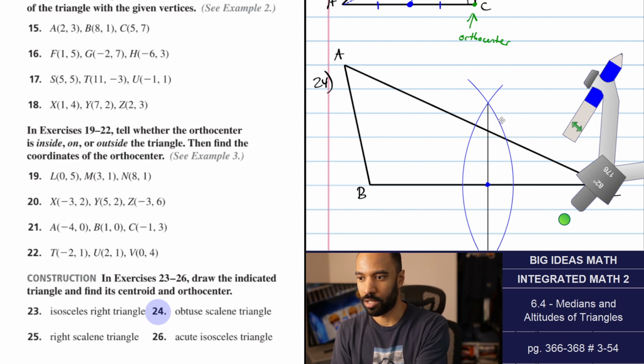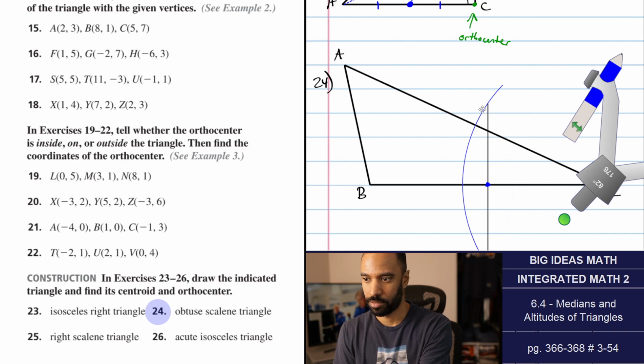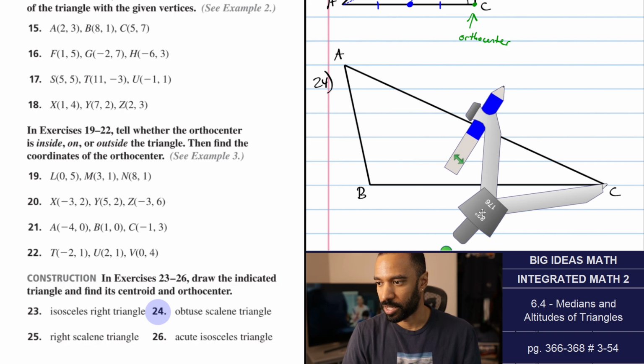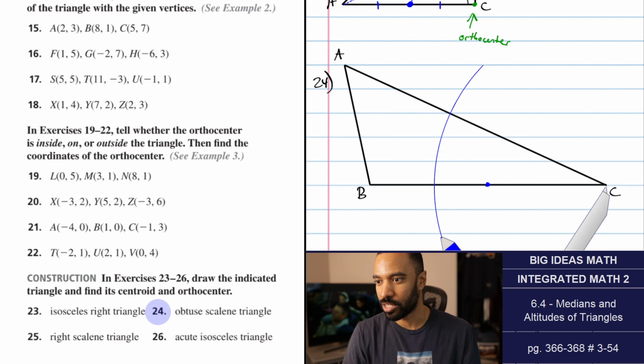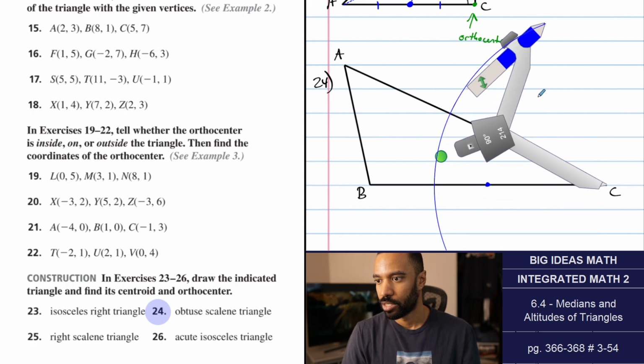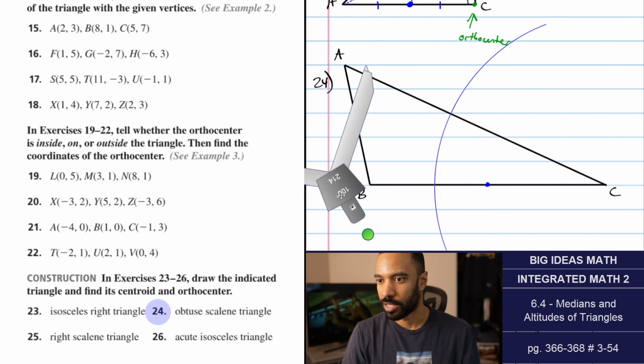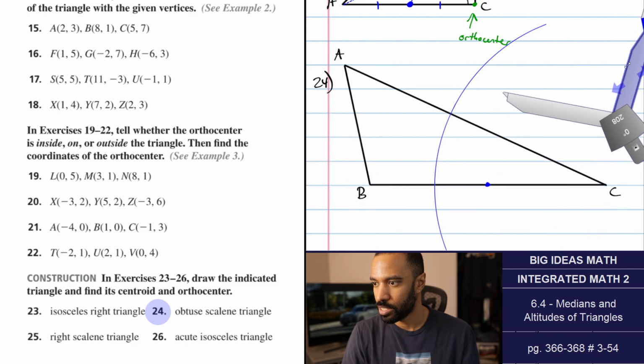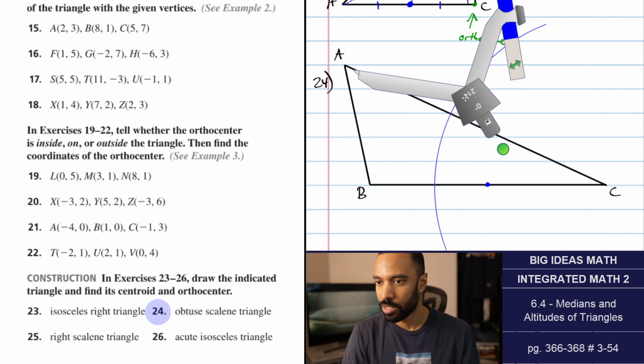Okay, let's do a second one. Let's delete all that stuff. Okay, let's do a second one. Let's do this big guy here. Stretch it out a little bit. Hope that's going to be big enough. And then over here, 214, 214. Okay.